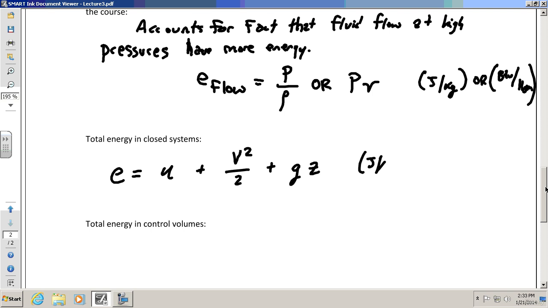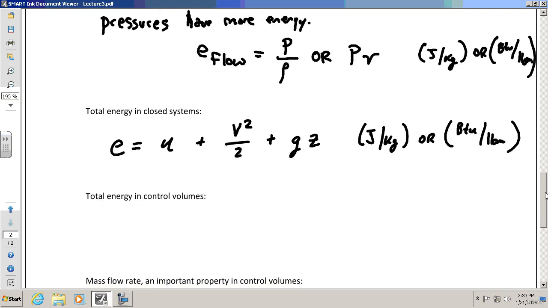And again, those units could be joules per kilogram or BTU per pound mass. Notice I wrote everything as lowercase u, lowercase e. That's all per mass.